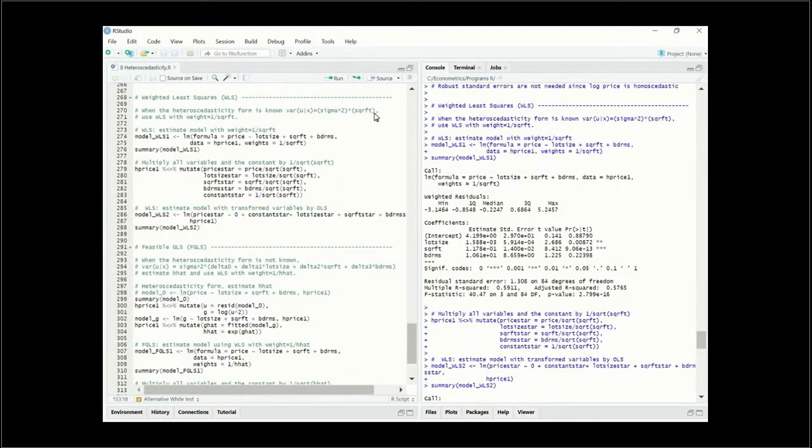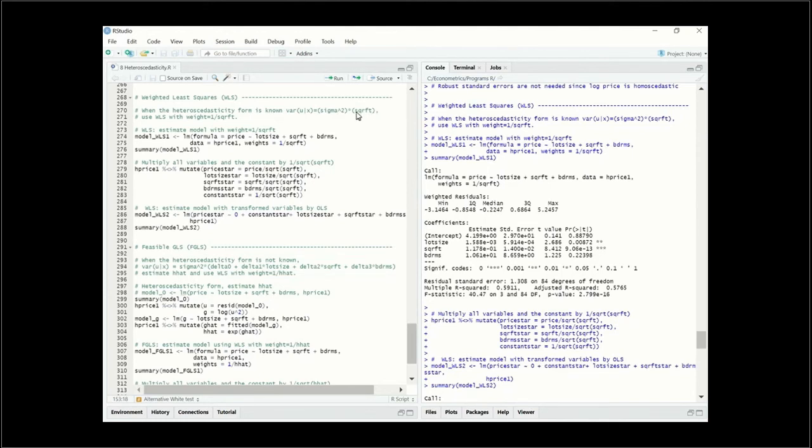Typically, it's very hard to know, but perhaps if you plot it against square footage, as we did in the beginning, you can see, for example, that the variance is increasing with this variable, then it may make sense to use this formula if you visually see that this is what is happening.